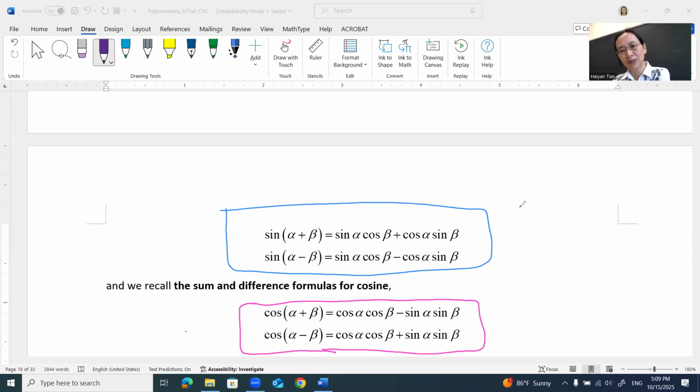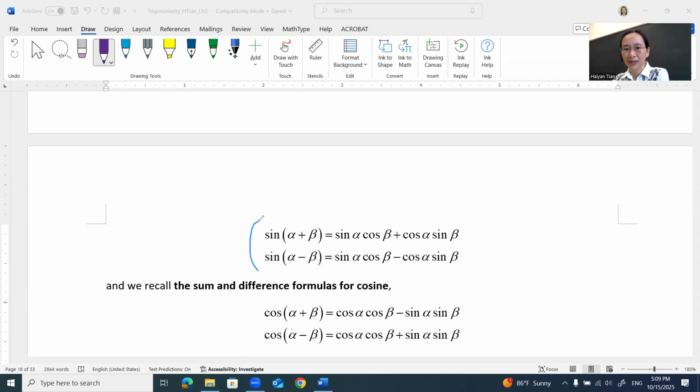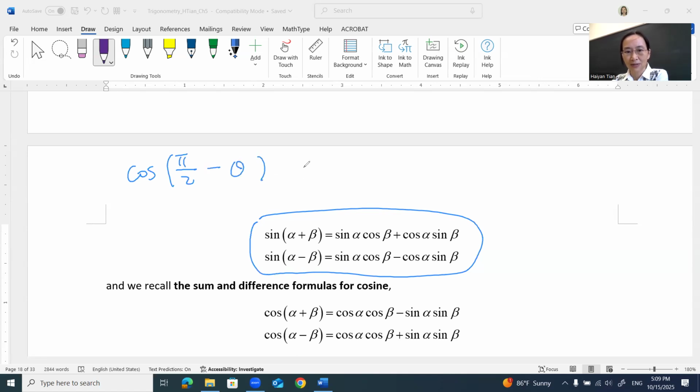Once we have the sine of a sum or sine of a difference, then we can do more things. Okay, so let's see. We know also a cofunction identity, right? It immediately relates cosine and sine.